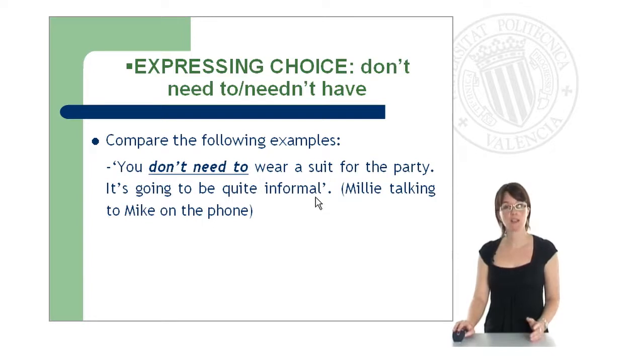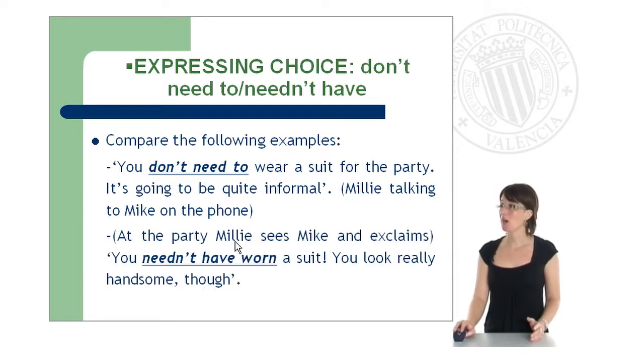And now let's have a look at the next example. At the party, Millie sees Mike and exclaims, "You needn't have worn a suit. You look really handsome though." So, remember in the first caption, you don't need to wear a suit. Millie was giving him a chance. Okay, he had a choice.